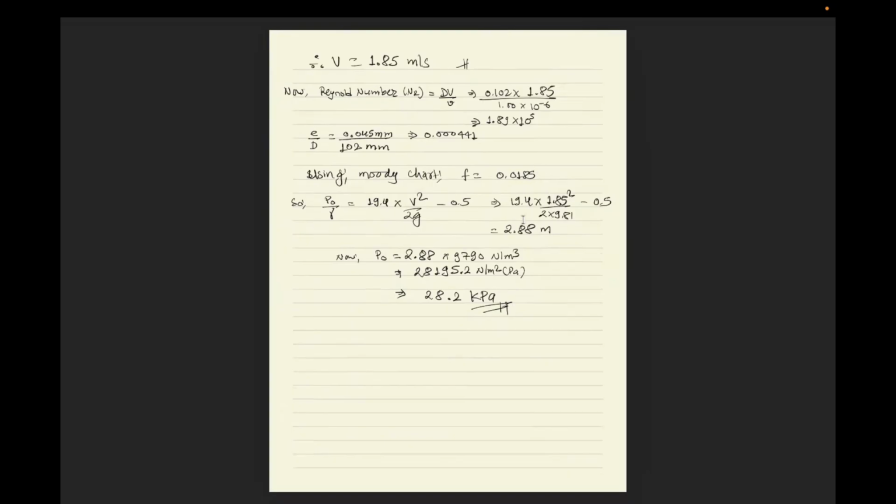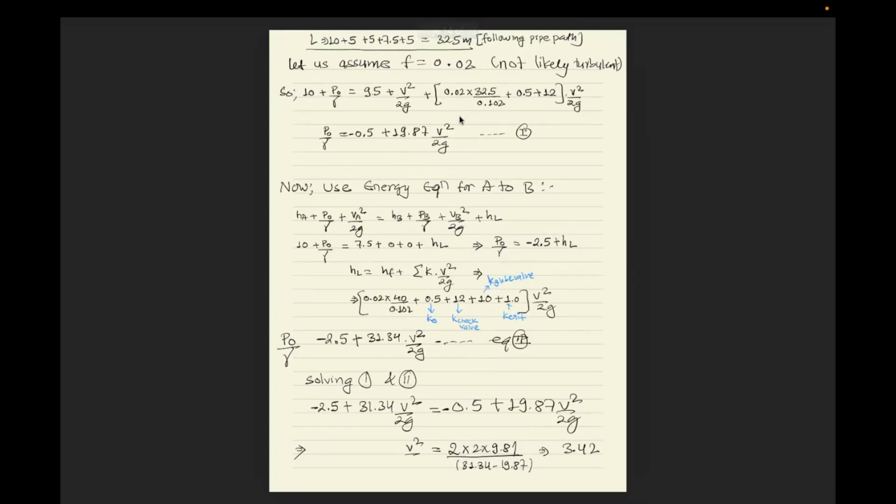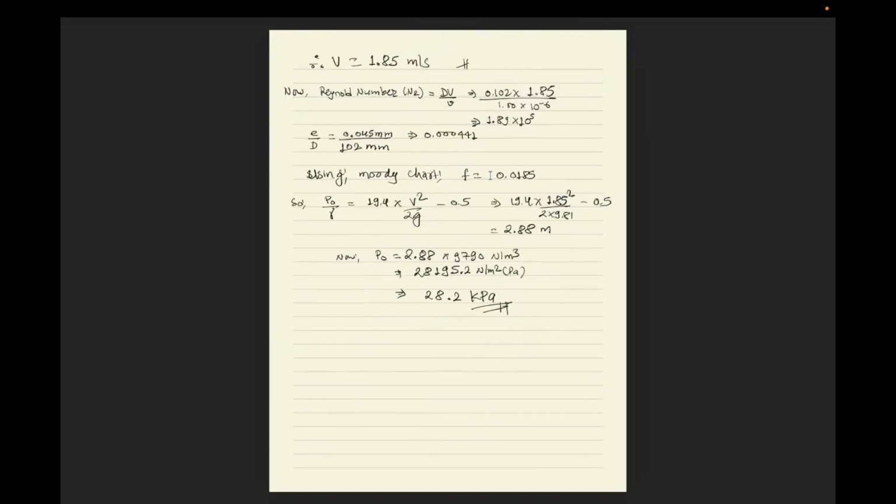Now we will use the chosen value, f is equal to 0.02, and from the Moody chart f is equal to 0.0185. They are similar, so we will use this velocity in equation 1 to find the pressure head.